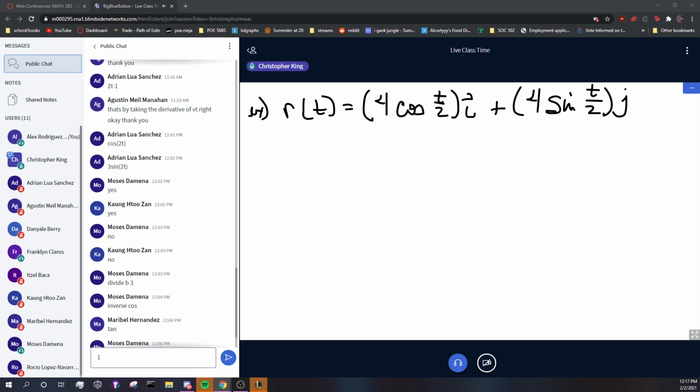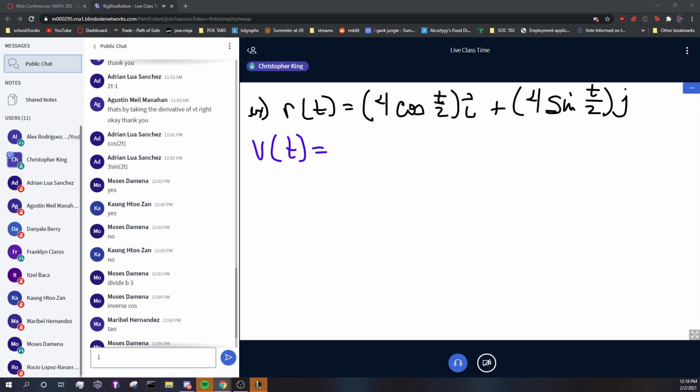Basically, we want to find the velocity vector and the acceleration vectors at those times that are given. So let's start off first and find the velocity vector. So v of t is going to be equal to what?